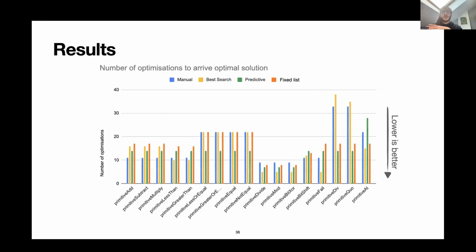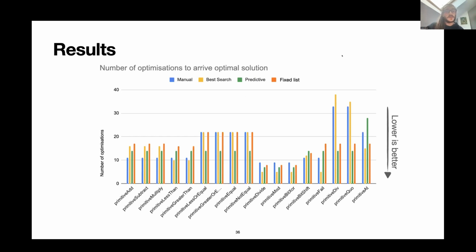In another sense, they arrive at the same optimal result, but how fast? What is the rate of convergence? How many optimizations does each strategy have to apply to get there? These are the raw results: the number of optimizations, the primitives, and each color is a strategy.